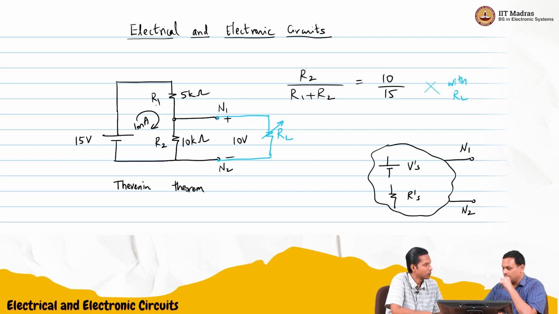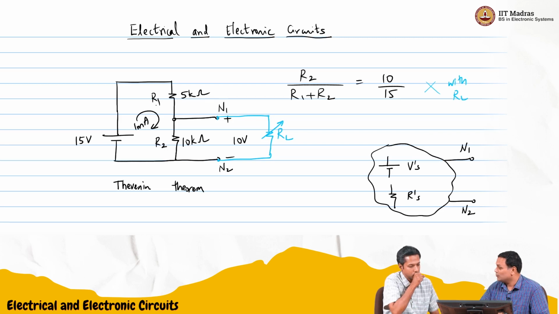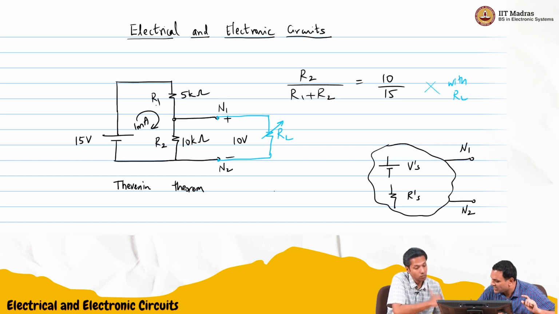Then what Thevenin's theorem says is that you can replace the entire network by a very simple equivalent across those same two nodes, N1 and N2.